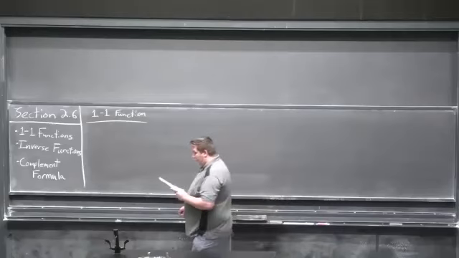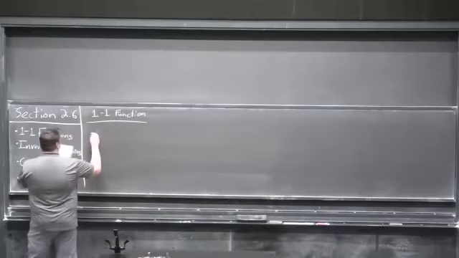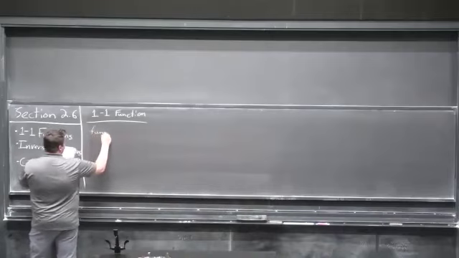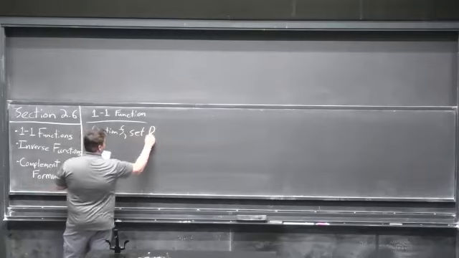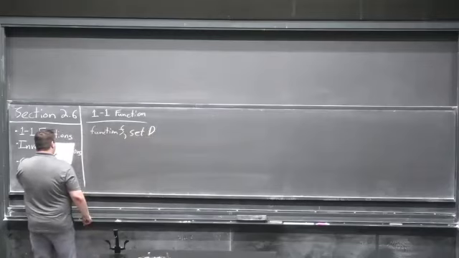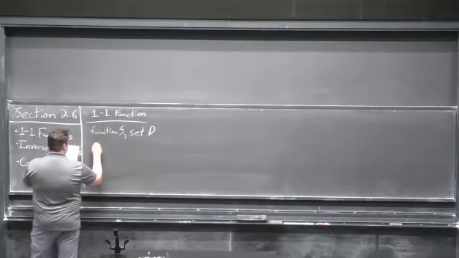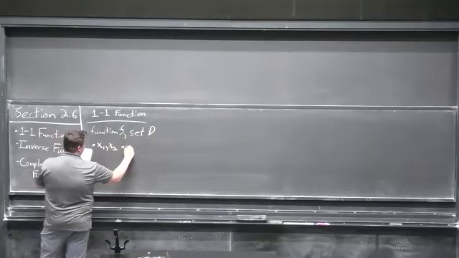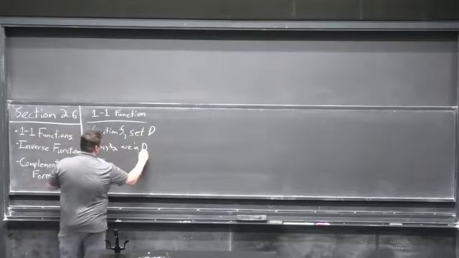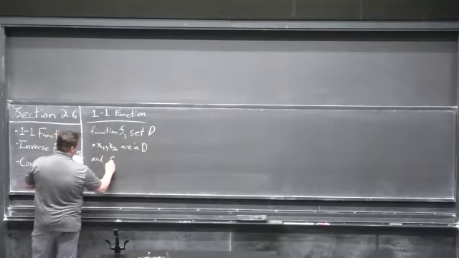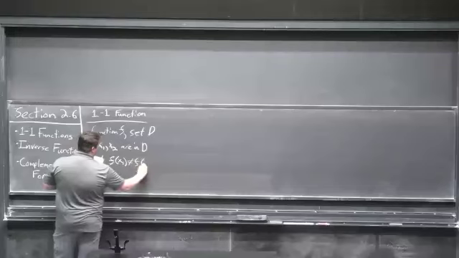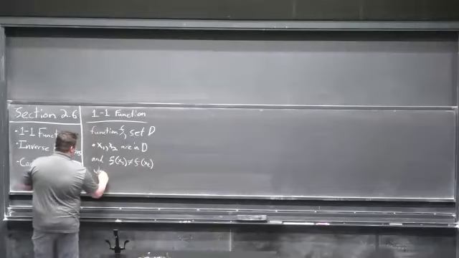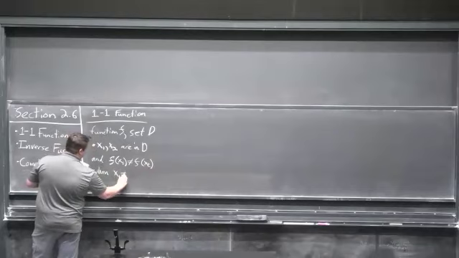For a one-to-one function, the definition is as follows. We'll have some function f and some set D. We'll say that the function is one-to-one whenever we have x1, x2 in D, and f of x1 does not equal f of x2 when x1 does not equal x2.